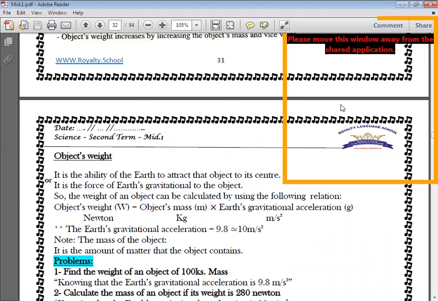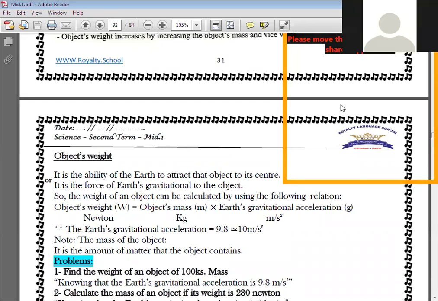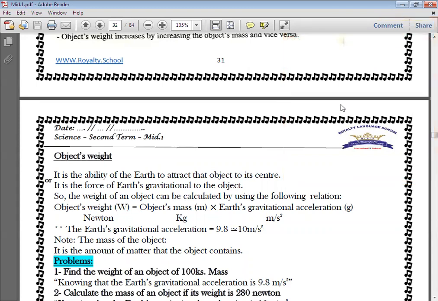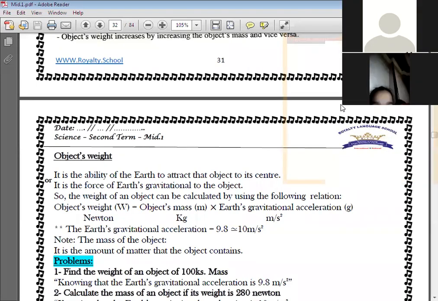While weight is variable, it changes with the place of the object, because weight equals mass times gravity. So weight depends on the gravitational force, and gravity differs from one place to another. So the weight will be different from one place to another, but the mass is a fixed value.